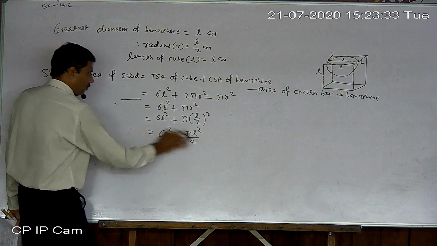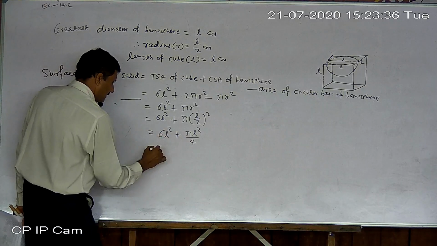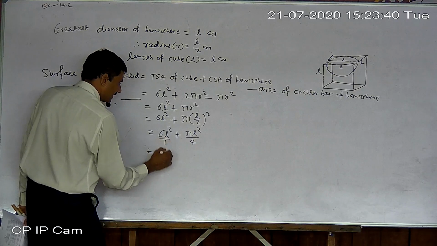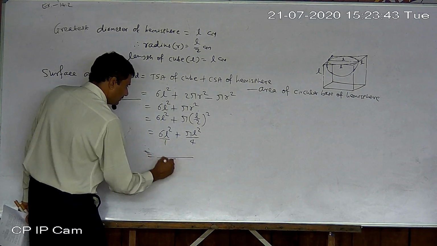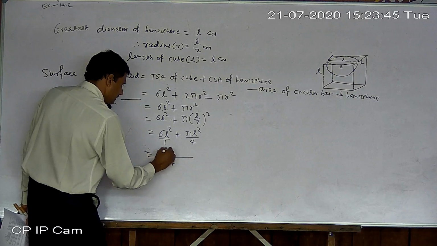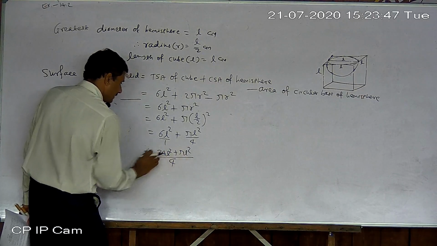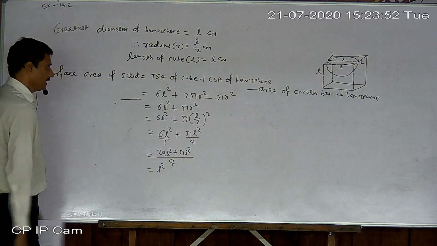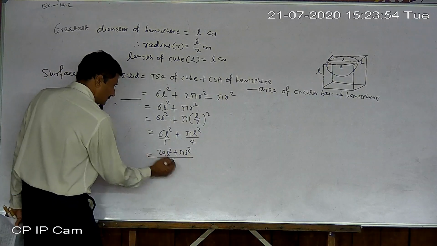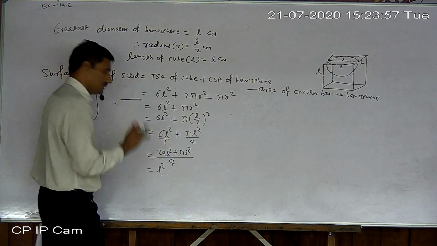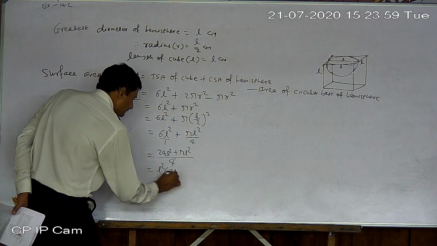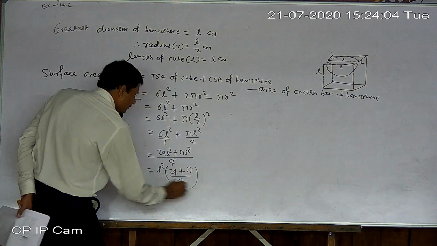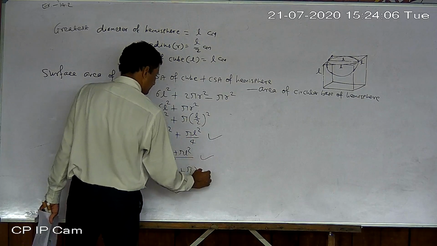We can only take common. So L square is taken common. Otherwise take LCM just like that. 4, so 24 L square plus pi L square. Now also you can take common, L square is common, nothing else. Don't cut 4; 6 4s are 24, I already explained. 24 plus pi upon 4.